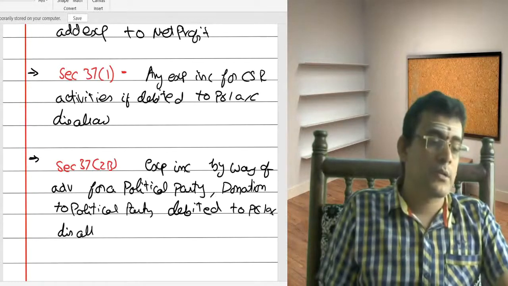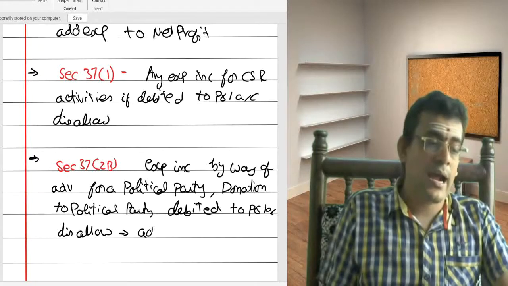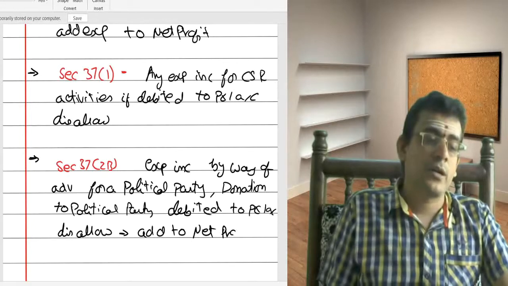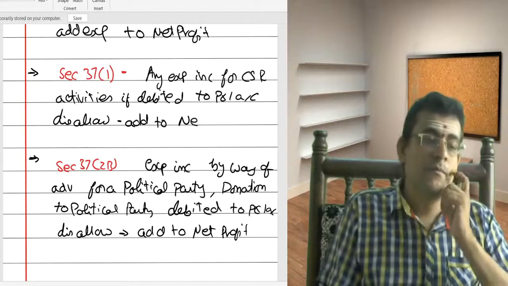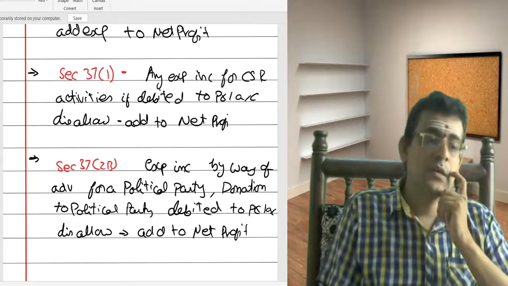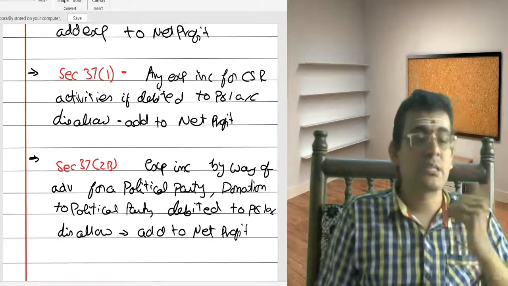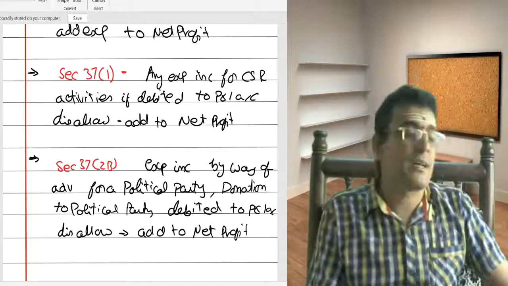Disallow. The meaning of disallow is nothing but add to net profit. That is the treatment you are supposed to do for 37 subsection 2B.